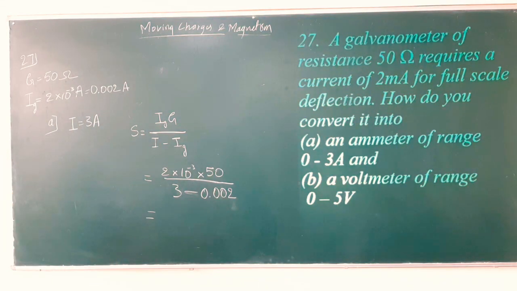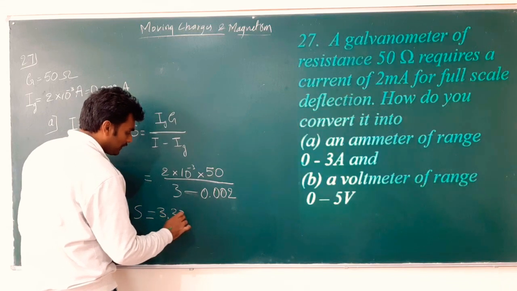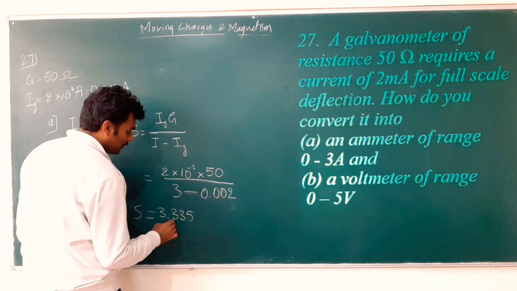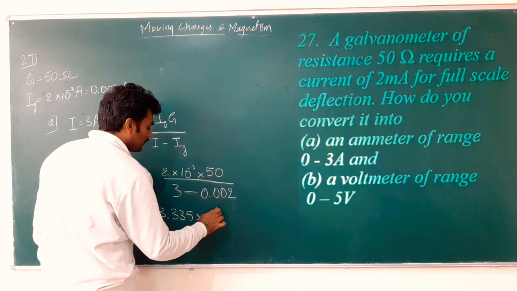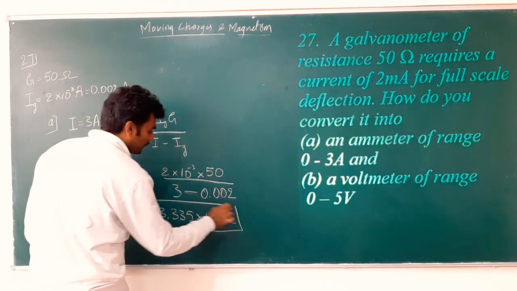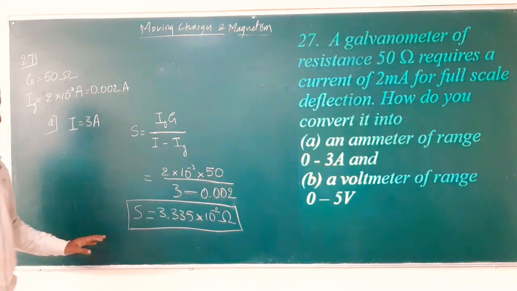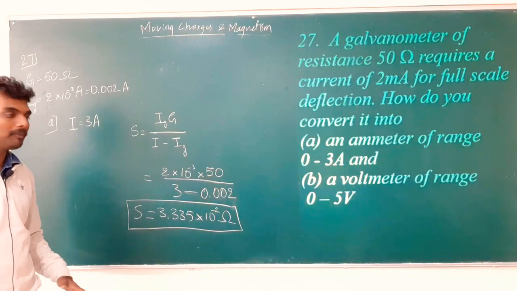Anyhow, it's going to be close to 3 itself, and shunt resistance is going to be 3.335. Okay, keep it till third decimal, 3.335 into 10 to the power of minus 2 ohm. A very small resistance. So this is the value of shunt resistance required to convert the given galvanometer into ammeter.